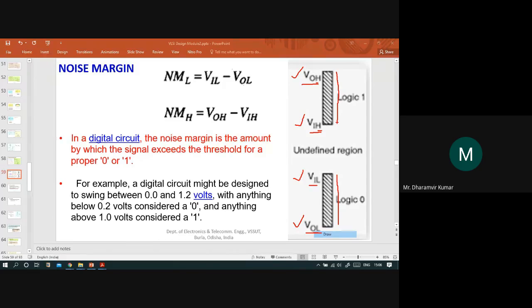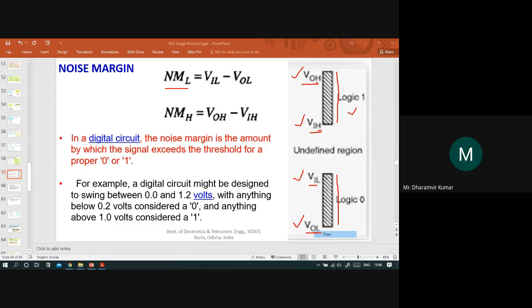By this, there are two terms which are defined, which is called noise margin. We can define a noise margin for low logic, and we can define a noise margin for high logic.